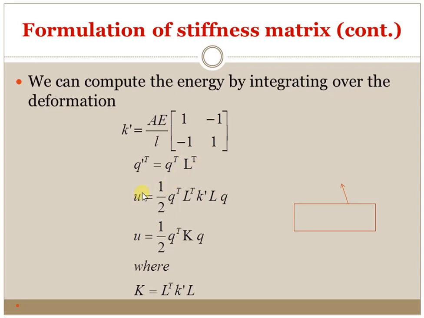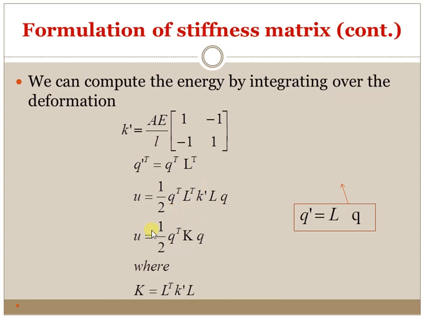Similarly, we can rewrite this equation u equal to 1 half q dash T K dash q dash. Since q dash T is known, instead of q dash T you can write q transpose times L transpose times K dash, and q dash is nothing but L times q, so q dash also gets replaced.